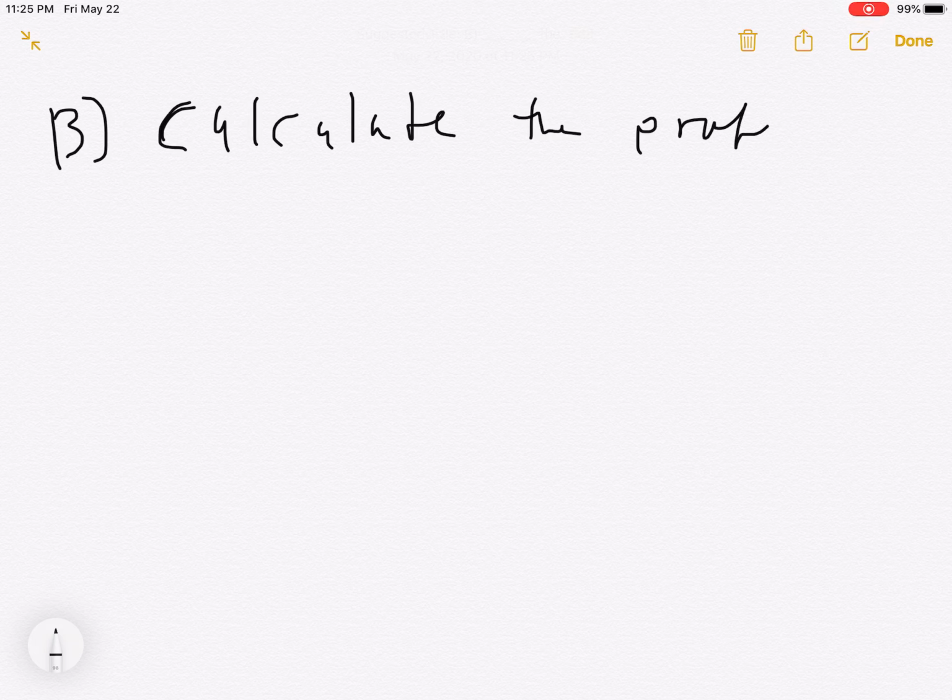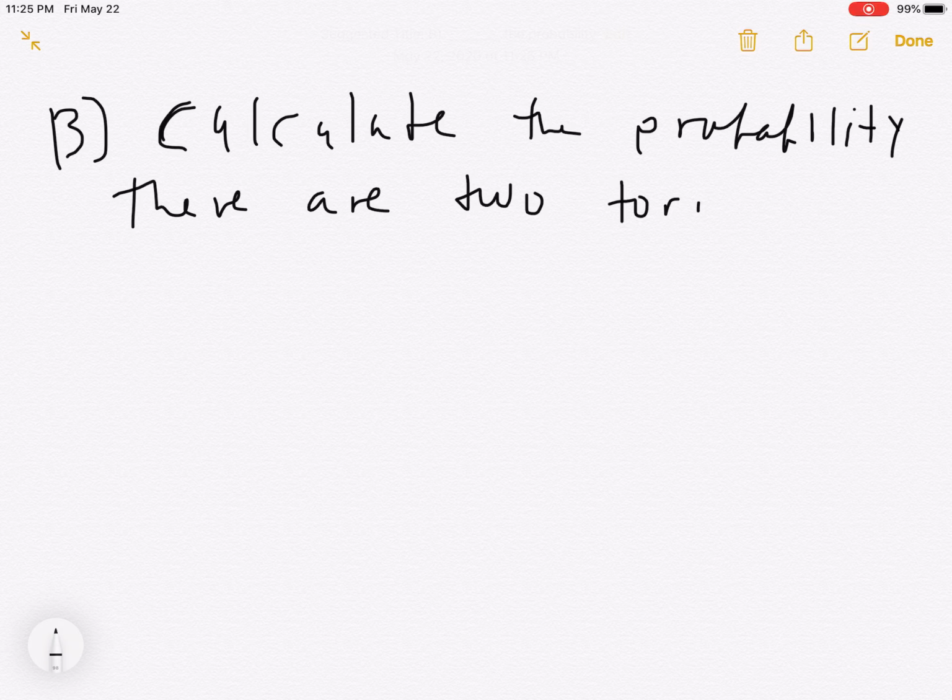Now let me change this question and give you a slightly different question. Part B, I'm going to ask you to calculate the probability there are 2 tornadoes in a 6-month period.